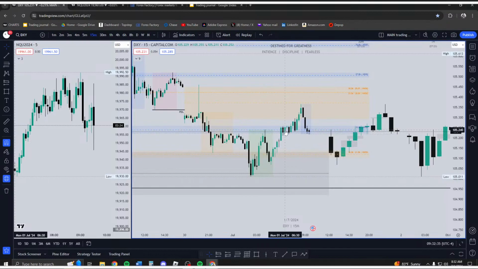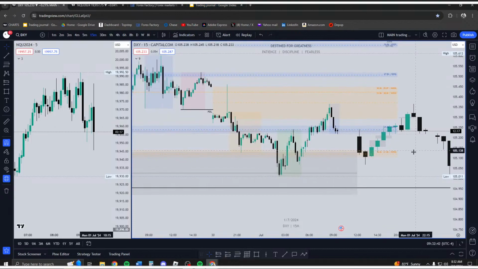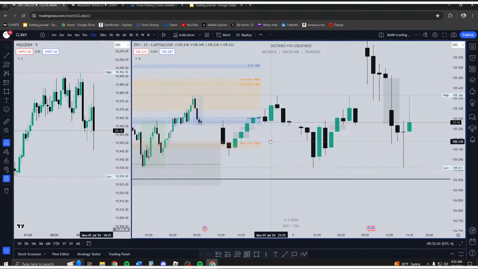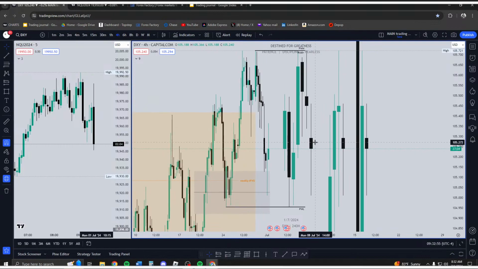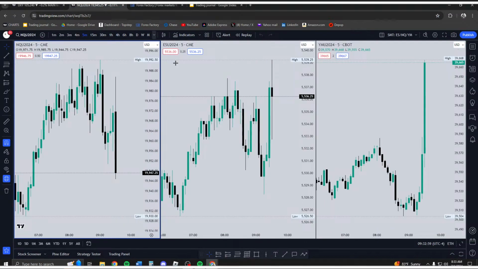With dollar going higher, we should be seeing lower prices on the indices. Yeah, without this 4-hour closing here, very indecisive daily candle as of right now.